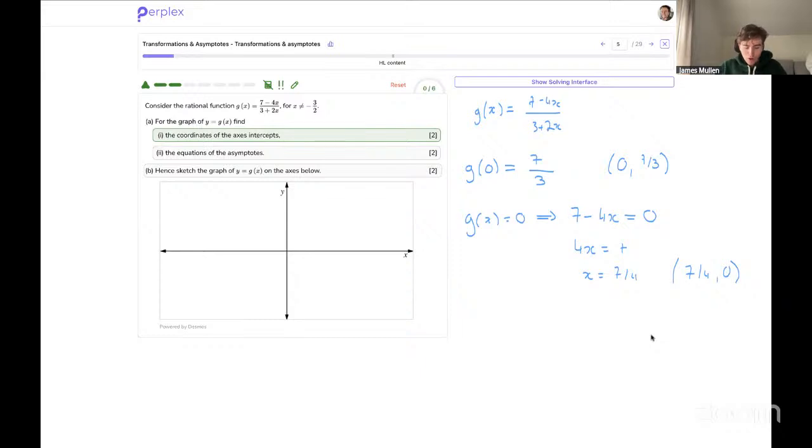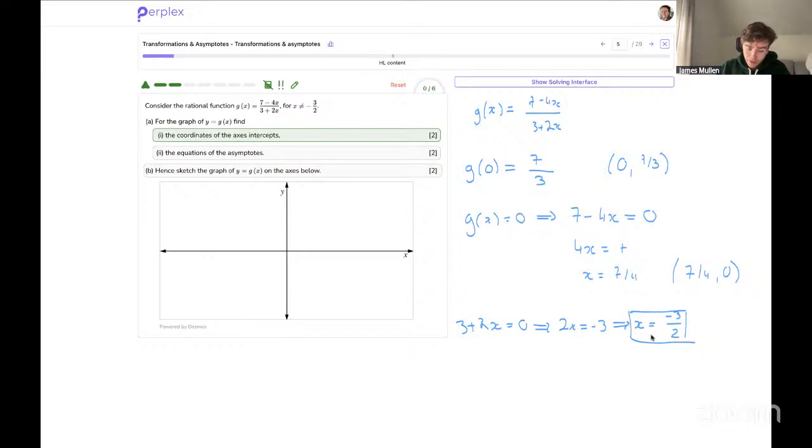Now we want to find the equations of any asymptotes. So I'm going to have a vertical asymptote when the denominator is 0. So 3 plus 2x is equal to 0, which means that 2x is equal to minus 3, or in other words, x is equal to minus 3 over 2. That is the vertical asymptote.